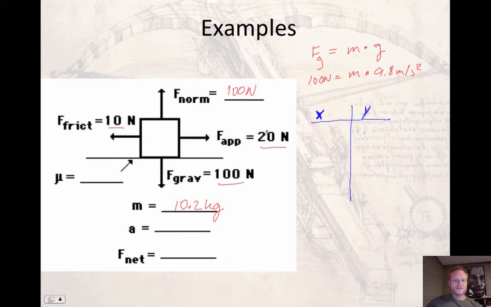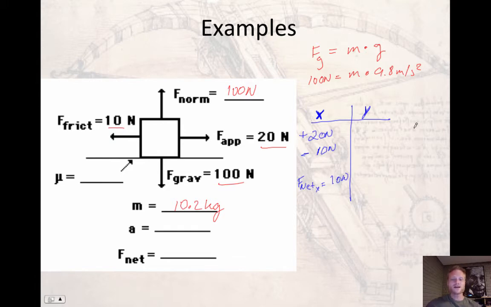I have an applied force of 20 newtons, and I'm going to call to the right positive: 20 newtons to the right. And I have a frictional force pulling to the left of 10 newtons. I'm going to call the left negative, so that's negative 10 newtons. So the F net in the x would be 20 minus 10, which, hopefully you're thinking, is 10 newtons.